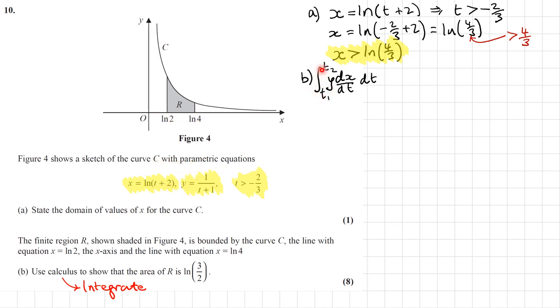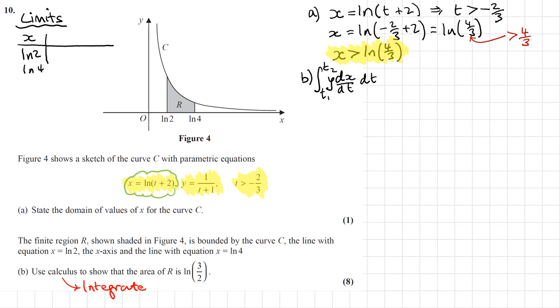They need to be changed to t limits. How am I going to do that? I'm going to use this. This will take x's and turn them into t's. So let's do our working over here. Limits. So I have x limits of log 2 and log 4.